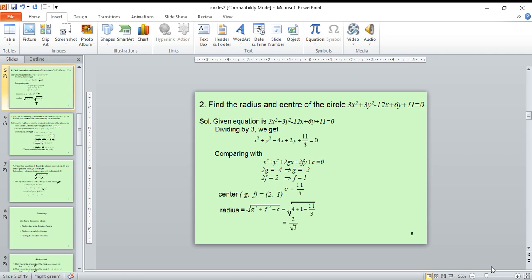Under root of 4 plus 1 is 5 minus 11 by 3. 5 minus 11 by 3, multiply 3 with 5, that equal to 15 minus 11 by 3, under root of 4 by 3, is root 4 by root 3, that is root 4 is 2, so 2 by root 3. Center equal to (2, -1), radius equal to 2 by root 3.